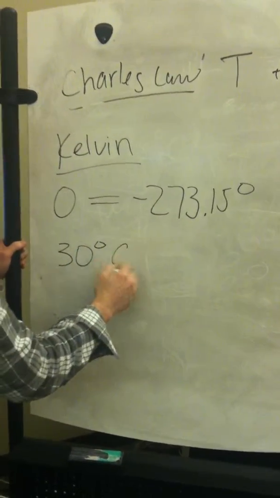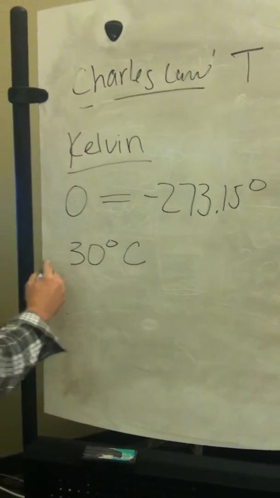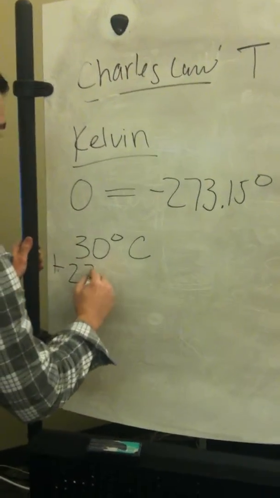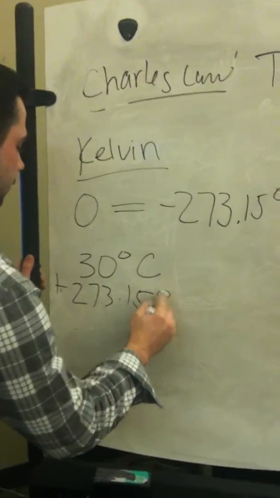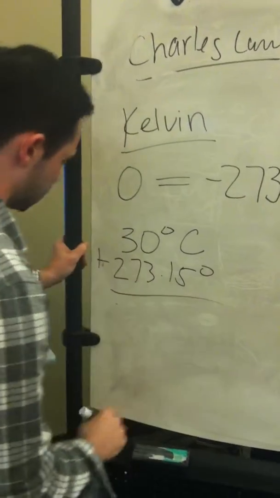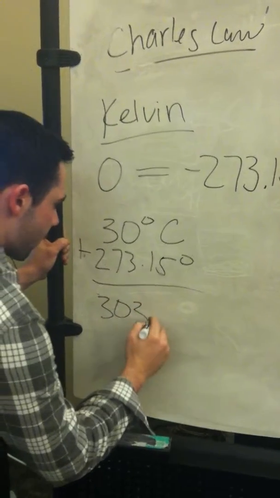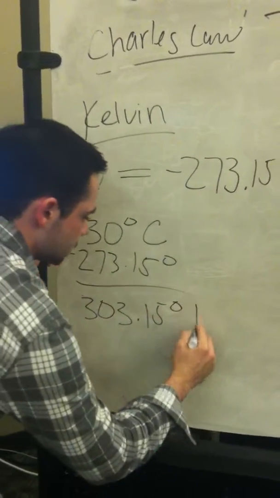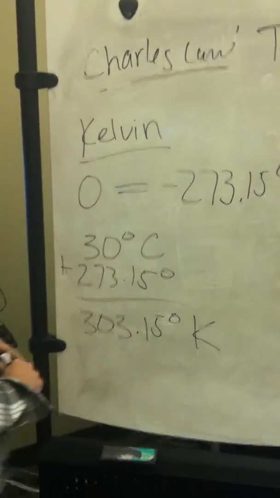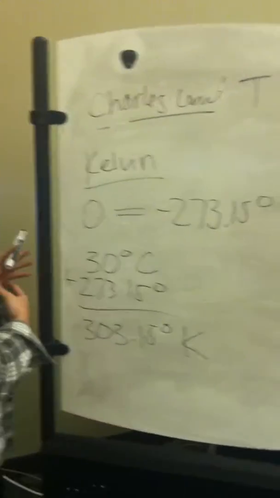So we have 30 degrees Celsius. You just add 273.15 degrees to it. You get 303.15 degrees Kelvin. So that's an example of how you convert into Kelvin.